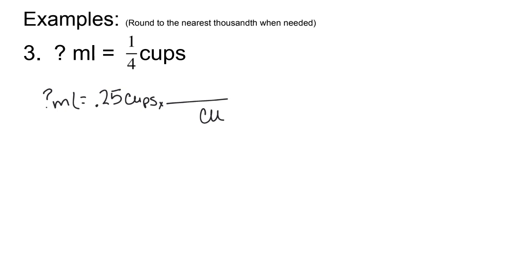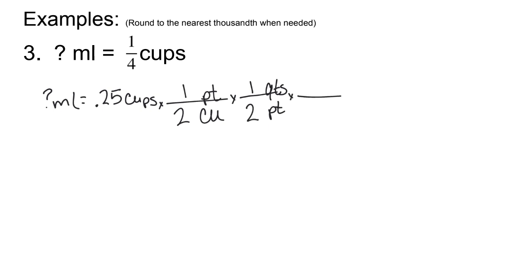And the way to get to quarts is through pints. So from cups, we're going to pints. For every 2 cups, I get 1 pint. Now that I'm in pints, we can go from pints to quarts. For every 1 quart, it is 2 pints.